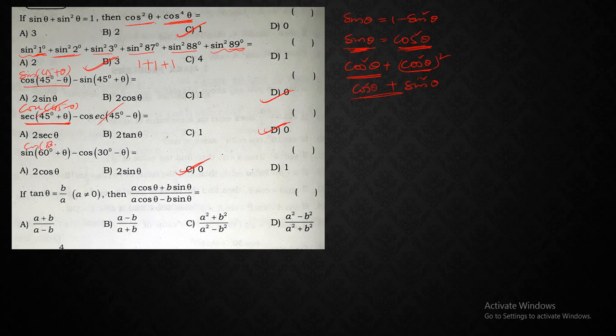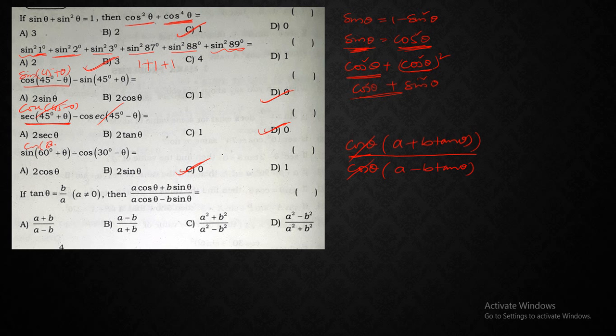Next, tan theta is equal to b by a, then what is the value of a cos theta plus b sin theta by a cos theta minus b sin theta? Simply, in the numerator take cos theta as common, so I can write a plus b tan theta. In the denominator also do the same, cos theta common, a minus b tan theta.